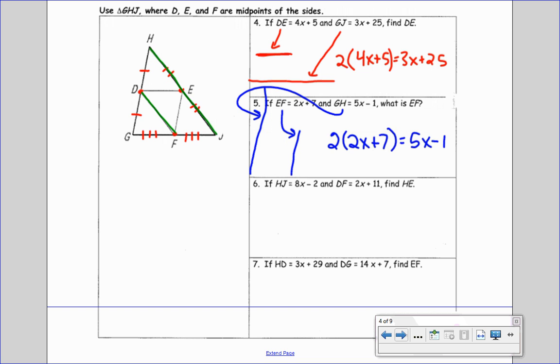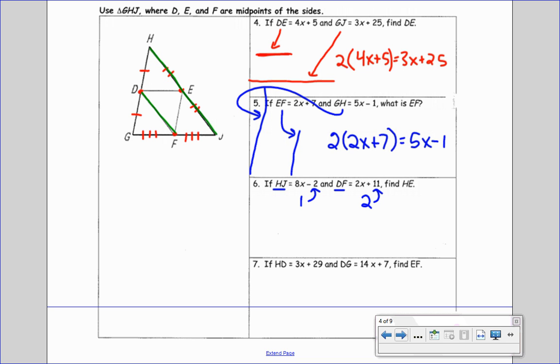You understand? All right, HJ is where? The big long one. DF is half. So 2 of those equals 1 of those.